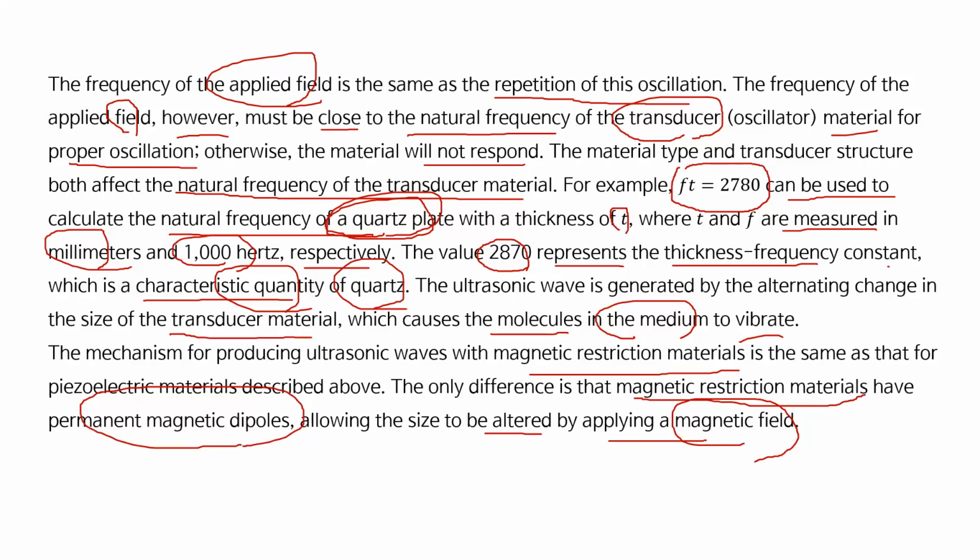If we apply an alternating magnetic field, then the permanent dipoles are aligned to the field. So the field is oscillating, and the size of the material is also oscillating. If the size of the material is oscillating, then the molecules in the medium are oscillating, and ultrasonic waves are formed.